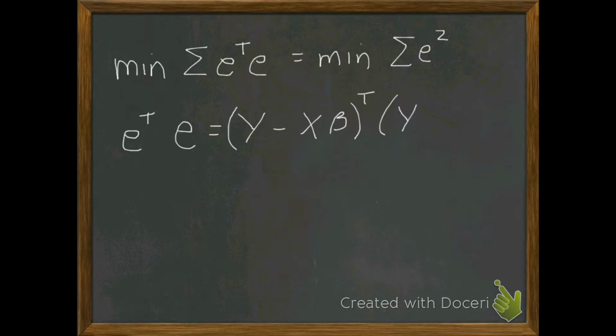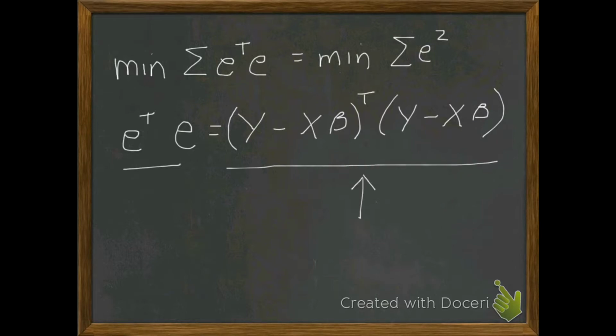So in terms of minimizing the sum of these distances, what we've ultimately got to focus on is how we're going to minimize the product of y minus xb transpose times y minus xb.